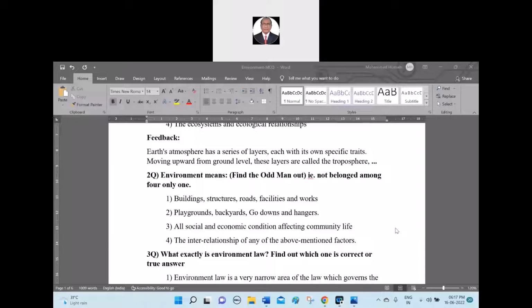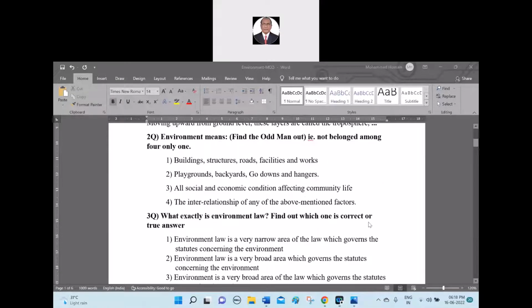The right answer is playgrounds, backyards, godowns, and hangars. All other things belong to the environment: buildings, structures, roads, facilities, and works, all social and economic conditions affecting community life, and the interrelation of any of the above mentioned factors.